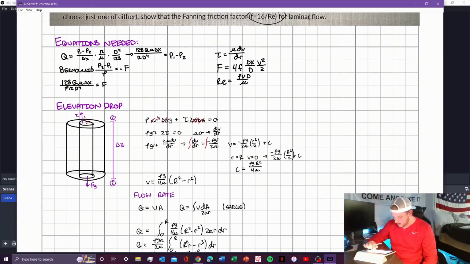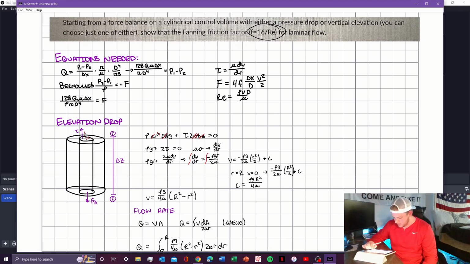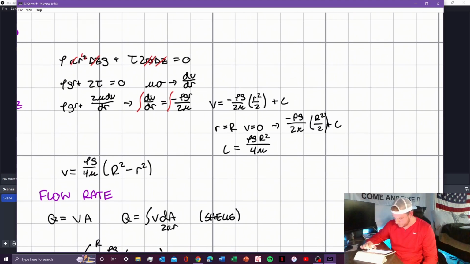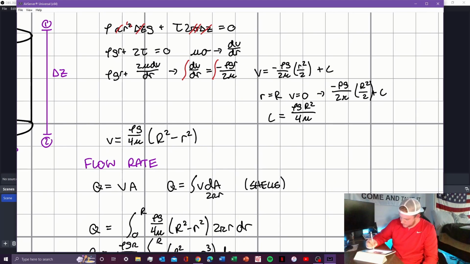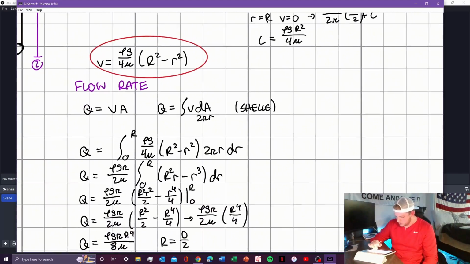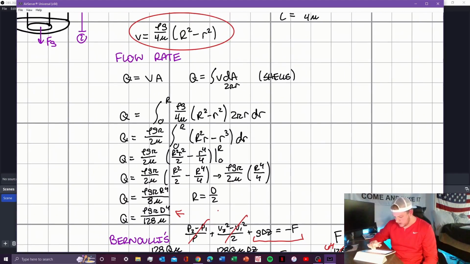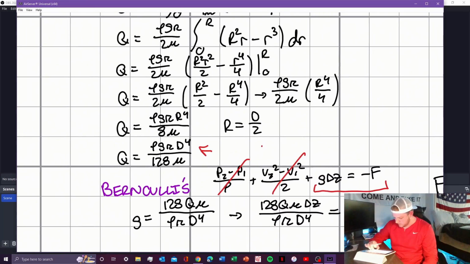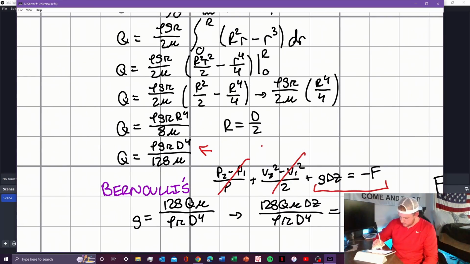Little rundown again of what we did. We started with a force balance. We found our velocity value right here. We then used the flow rate equation and integration with shells to find the flow rate.